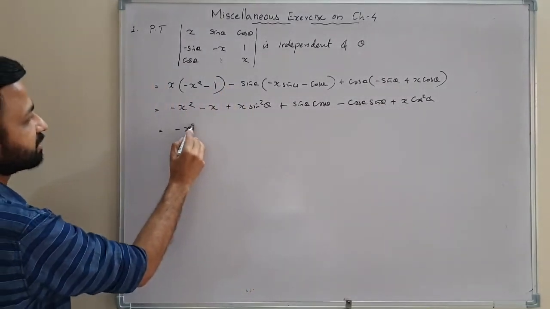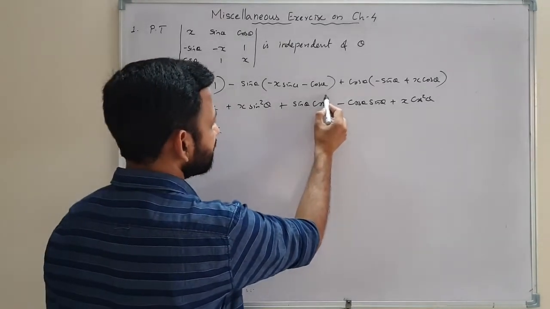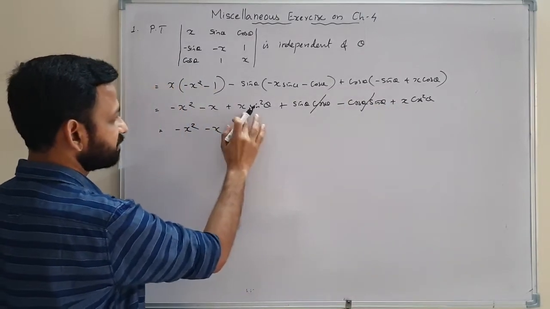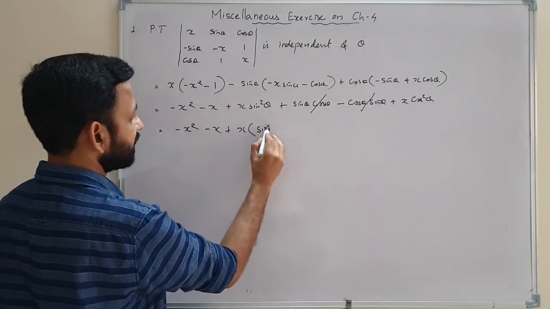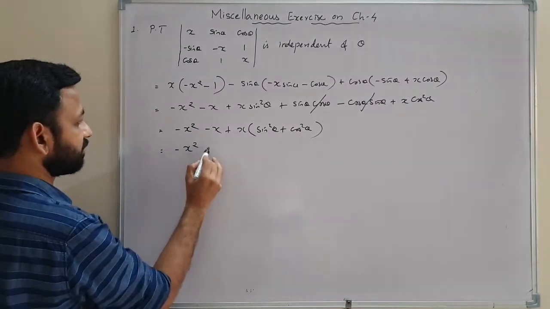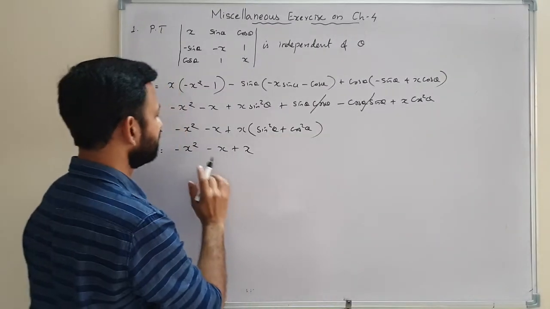That is minus x square minus x plus sin theta cos theta, and minus sin theta cos theta cancelled, and we can take x outside from those two terms, x into sin square theta plus cos square theta, that is minus x square minus x plus x, sin square theta plus cos square theta is equal to 1.